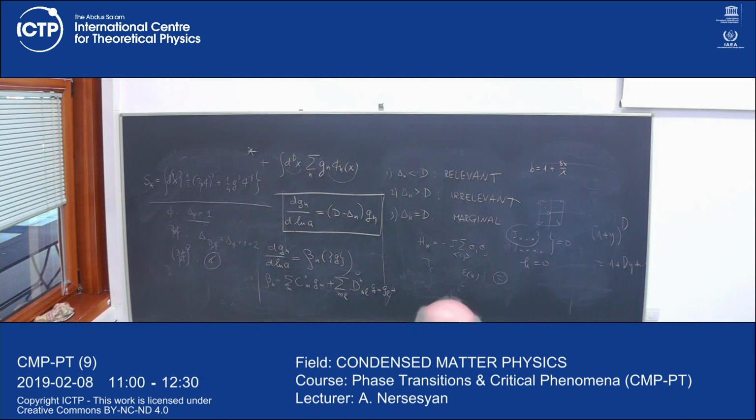In other words, if I go from this picture to this picture, it's clear what I've done. I have increased the linear size homogeneously, everywhere. But I can do it in the following way.